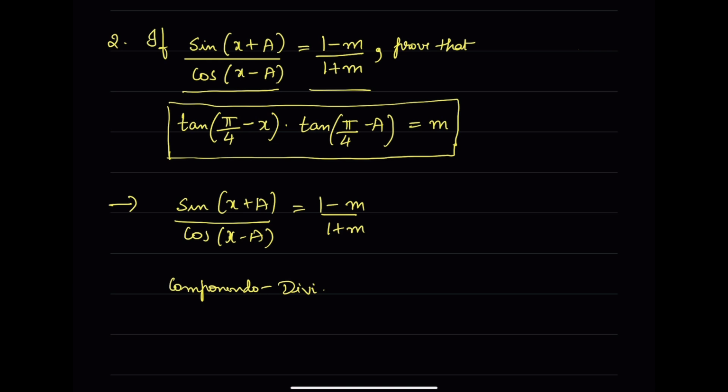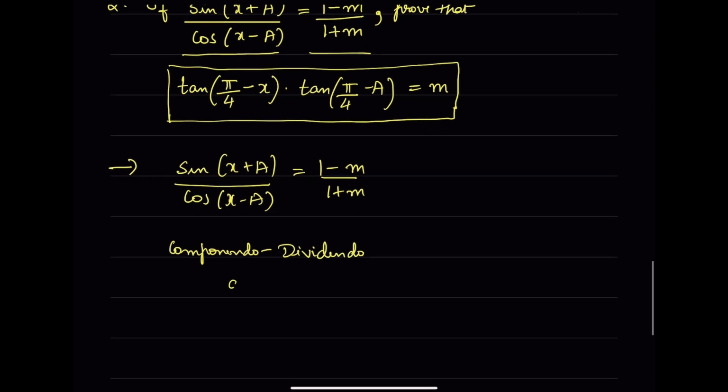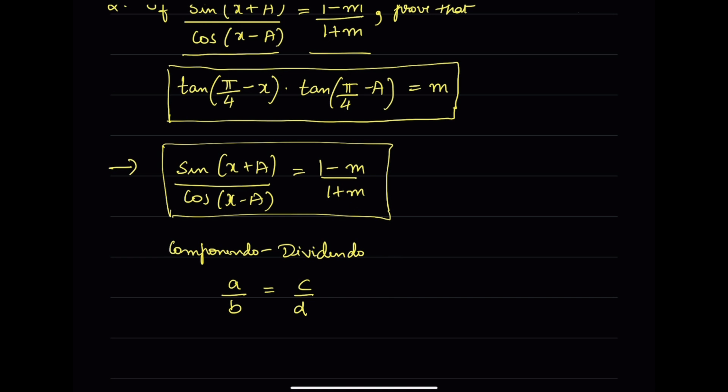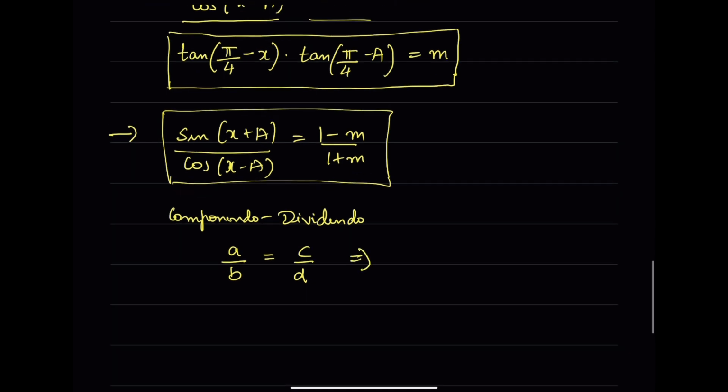This is very useful when we have a format which is a by b is equal to c by d. So we have that here. In that case, we can apply the rule: a plus b by a minus b is equal to c plus d by c minus d.